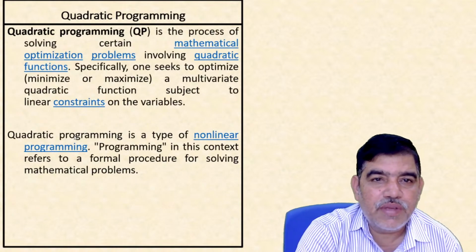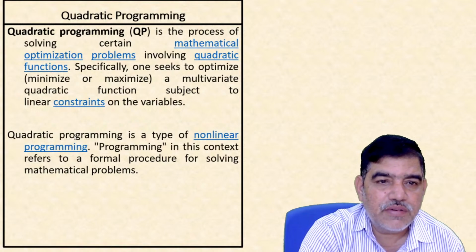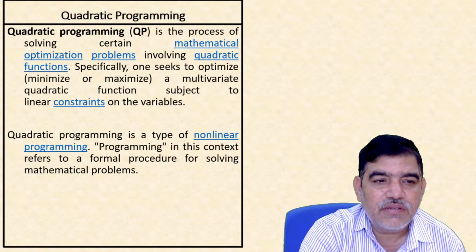What is actually quadratic programming? Quadratic programming is the process of solving certain mathematical optimization problems involving quadratic functions. Specifically, one seeks to optimize, minimize or maximize a multivariate quadratic function subject to linear constraints on the variables.